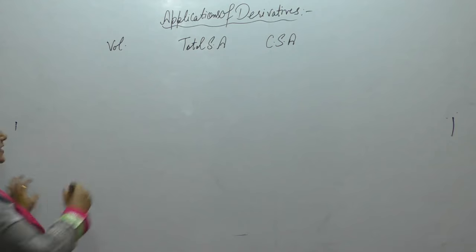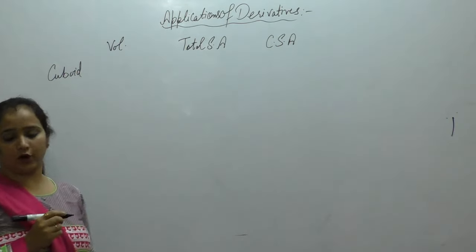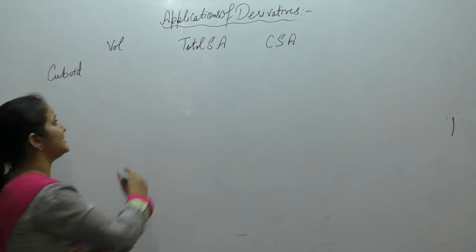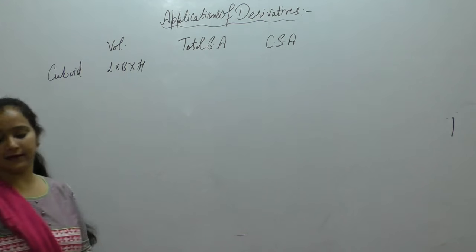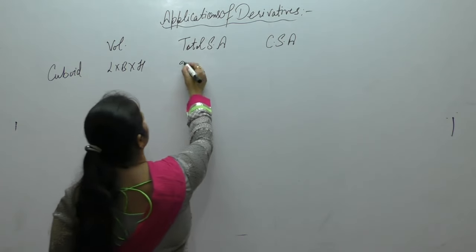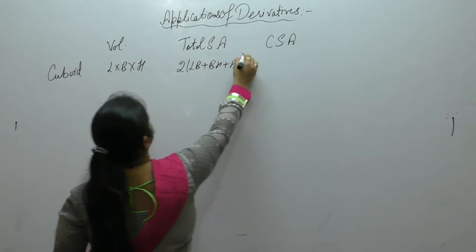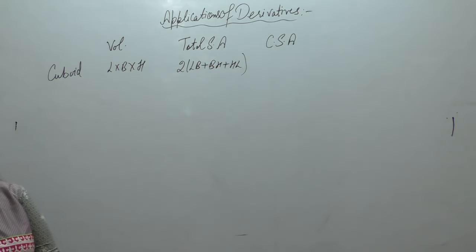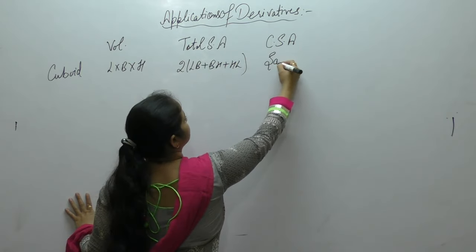Clear? First one is cuboid. What is the volume for cuboid? Cuboid has three sides, length, breadth and height. Total surface area is 2 times LB plus BH plus HL. Curved surface area is also same.